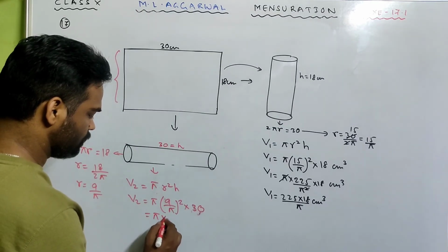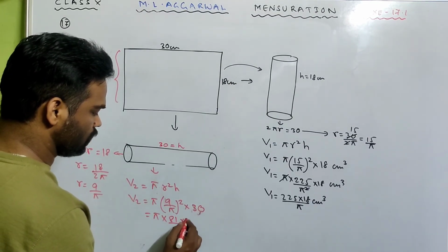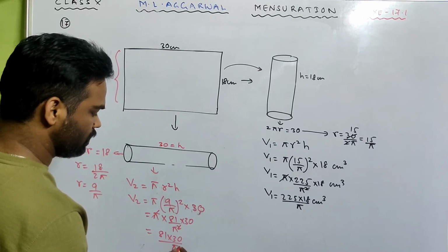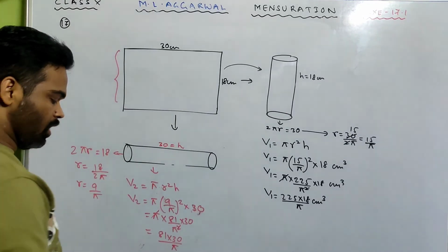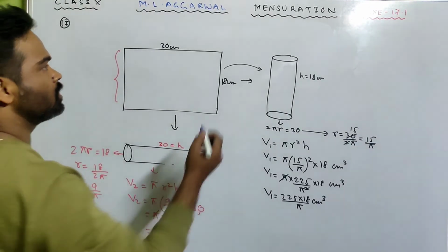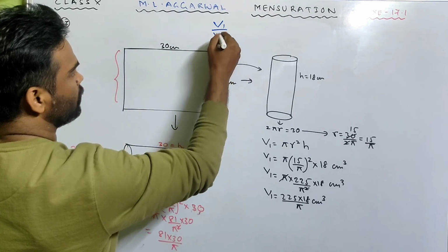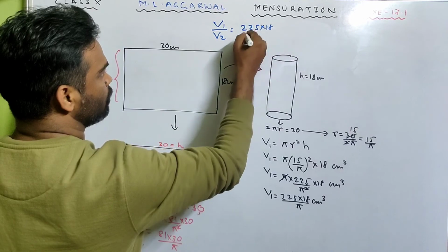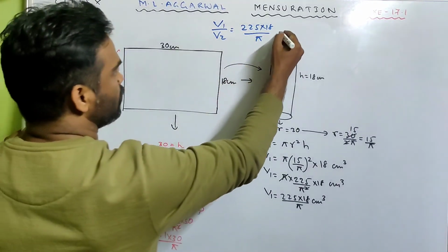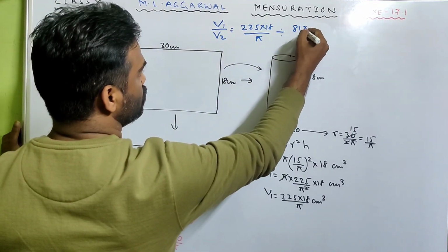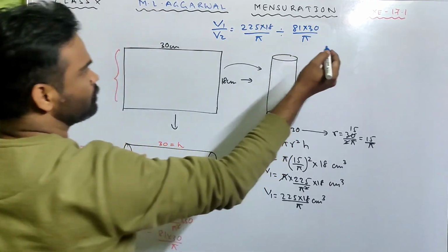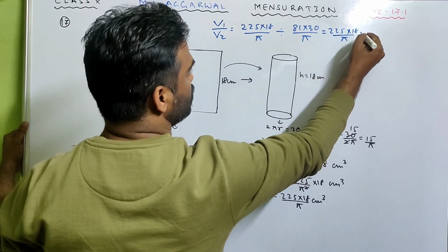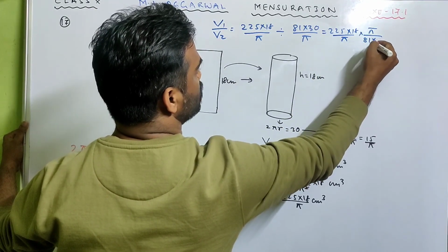Solve it. Pi 81 by pi square into 30, then this is 81 into 30 by pi. V2. Now we need V1 by V2. Just do the calculation. V1 by V2 is 225 into 18 by pi divided by 81 into 30 by pi, which is equal to 225 into 18 by pi multiplied by pi by 81 into 30.